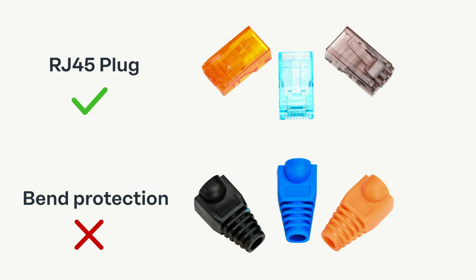So make sure that there is no plastic cable band protection on the downside of the cable, because this can't be installed inside the IP protection cap of the Reserva. This is really important because otherwise you will have mechanical issues to deploy the RJ45 plug inside the IP protection cap.